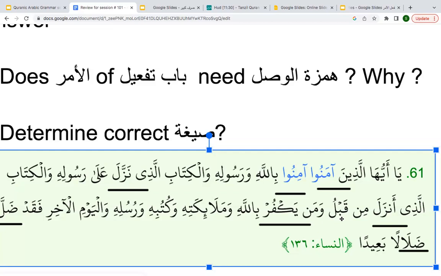And then waw was transferring the status from warusulihi to wal kitabi. Oh, those who have believed, believe in Allah and His Messenger, and the book that He sent down upon His Messenger, and the book that He sent down before.